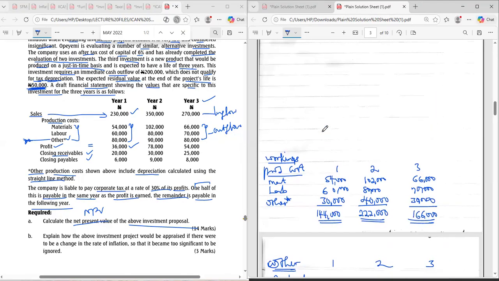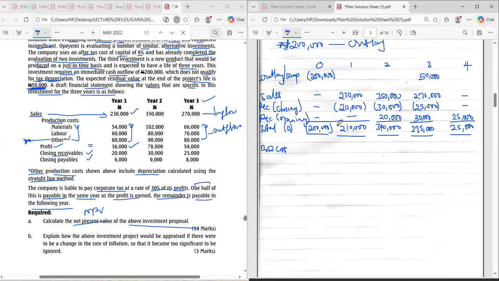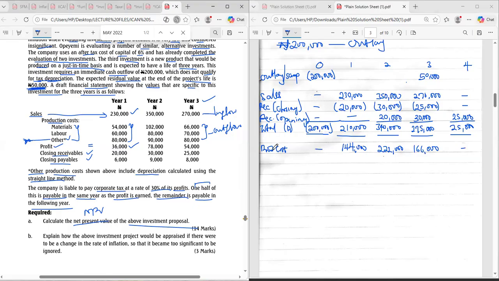So let's take it up. 144, 222, 166. So 144 for year one, Abi. 222, 166,000. So nothing is here. I think nothing is here, Abi. So this is your production cost that we have talked about. It's going to be affected by payables, Abi. So let's put our payables.